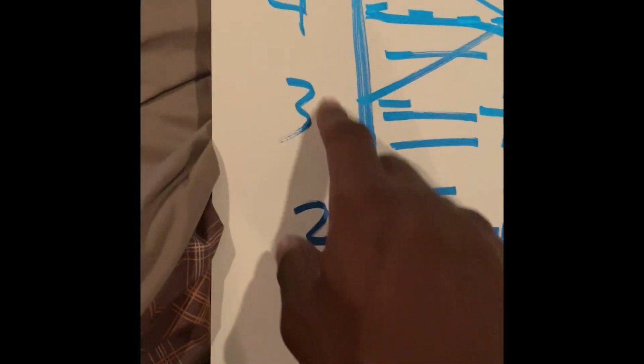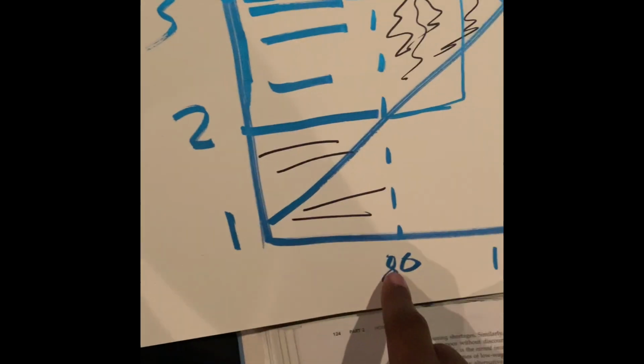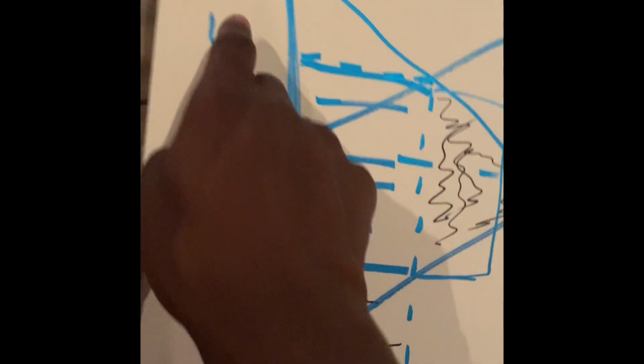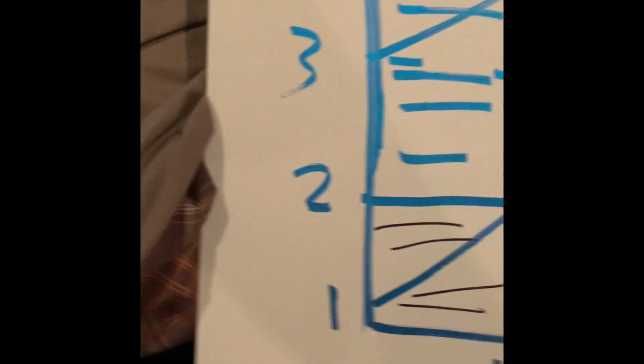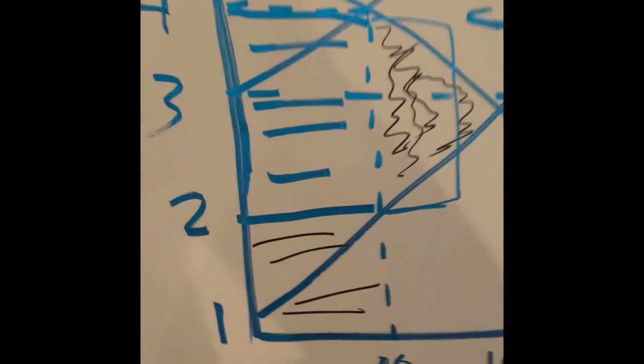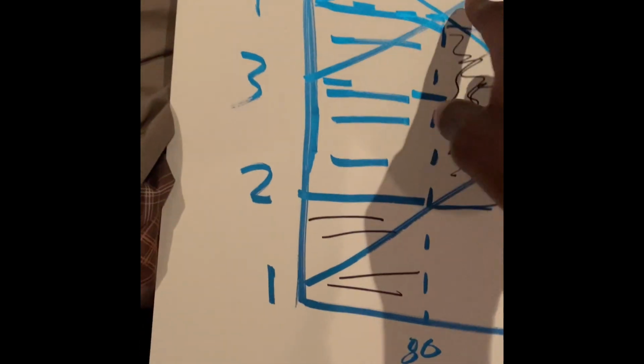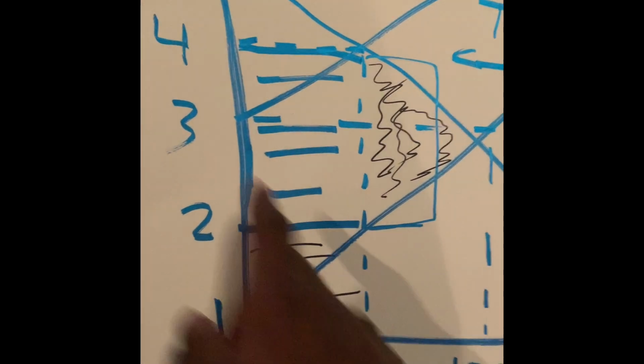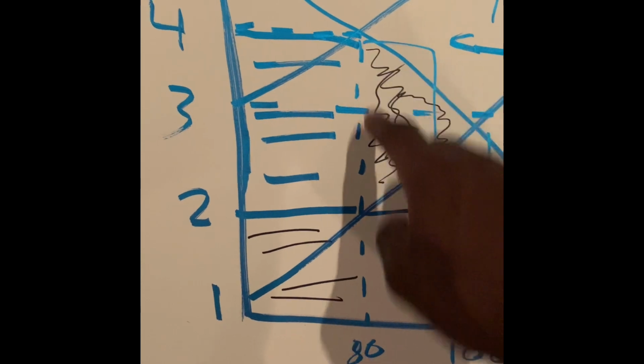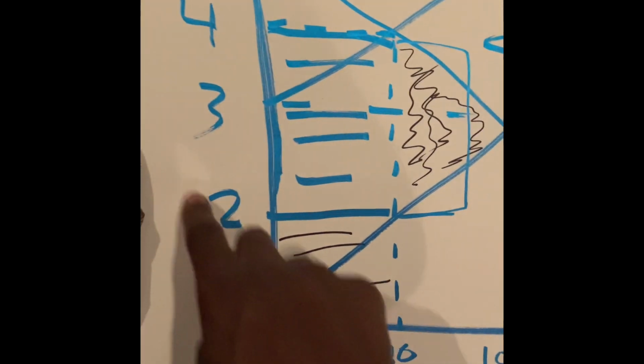So now it goes up to $4, and the quantity goes to 80, because a lot less is being demanded now. Now, I get what you're saying: if it's a $2 tax, why did it only go up $1? Because it is shared. And you can tell how much is taxed by looking at the distance between the two supply curves. So here to here, you can tell that's $2.